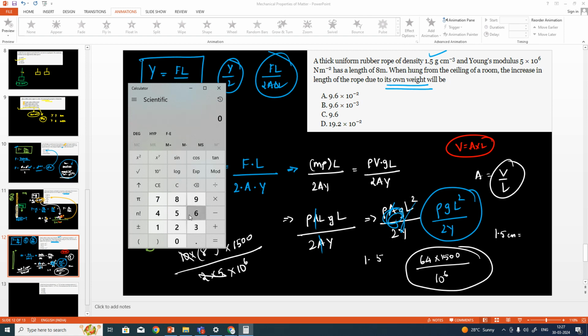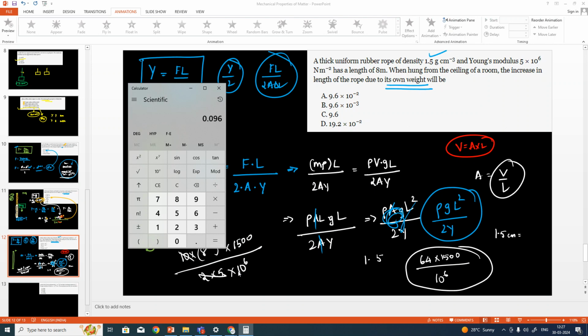I have taken 10 raised to the power of 6, right? Okay, we will check. See, 64 multiplied by 1,500 divided by 10 followed by 6 zeros, right? So what is the answer? 0.096.